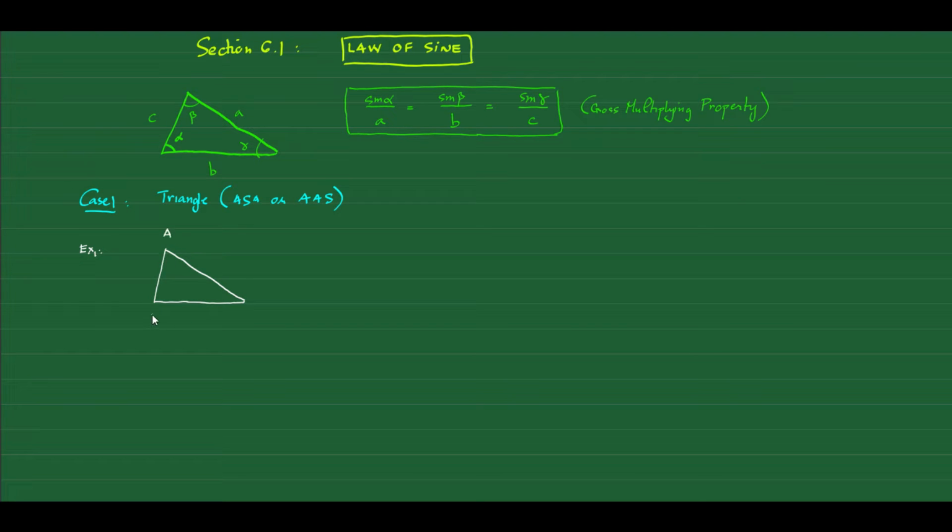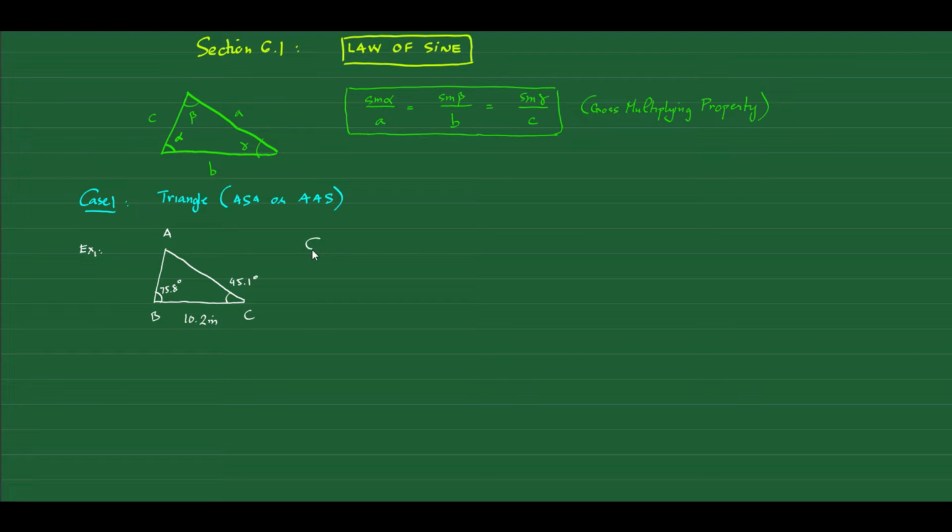I'm going to call the triangle ABC, and the angle over here is 75.8 degrees. So they give you one of the angles, and they give you the side, it's 10.2 inches, and they give you an angle over here of 45.1 degrees. So you see that they give you angle, side, and angle. So the side must be in between two angles.